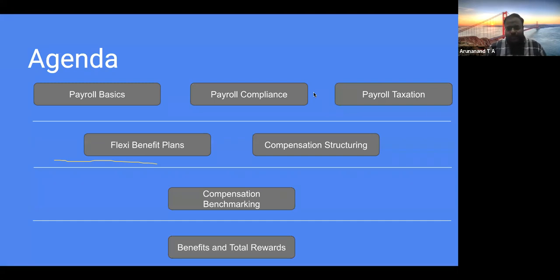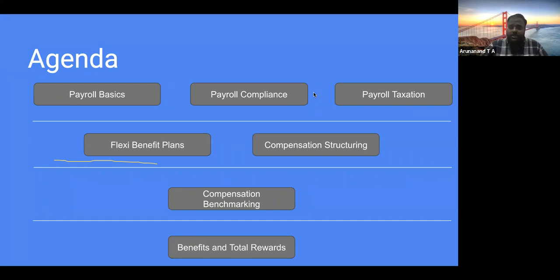We'll start with that operational aspect, which is payroll, and then slowly move to flexi benefit plans, and why and how we do flexi benefit plans in organizations, and how we structure the compensation. We will also talk about compensation benchmarking. This is the area where most compensation and benefits professionals work: benchmarking, forecasting, and balancing what we call compensation equity.